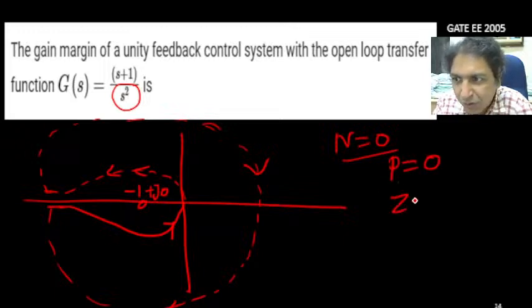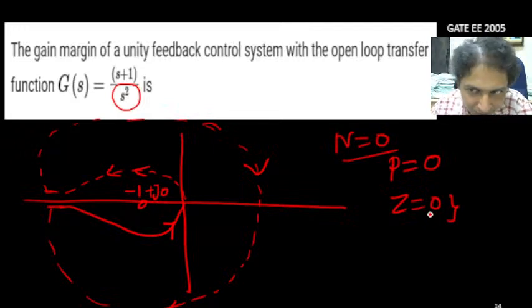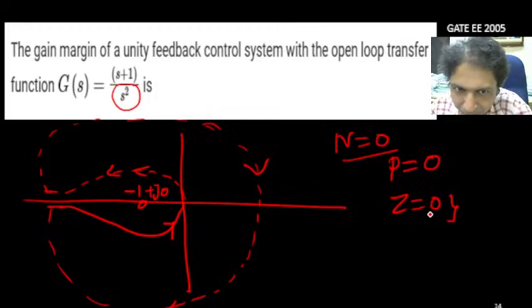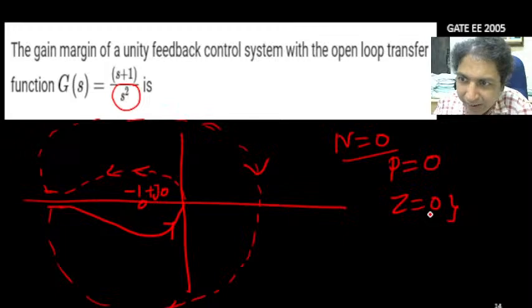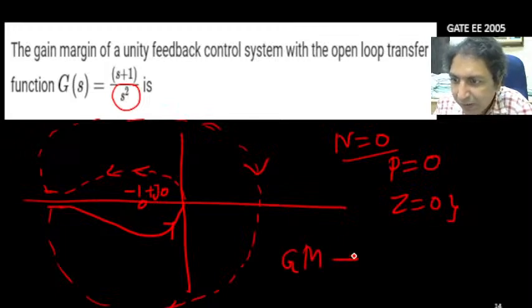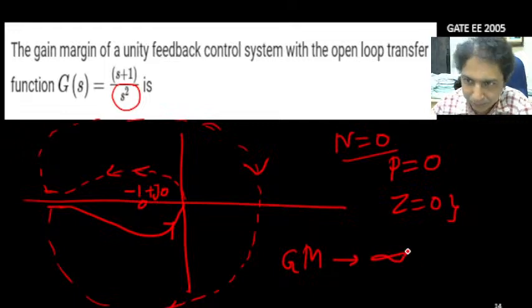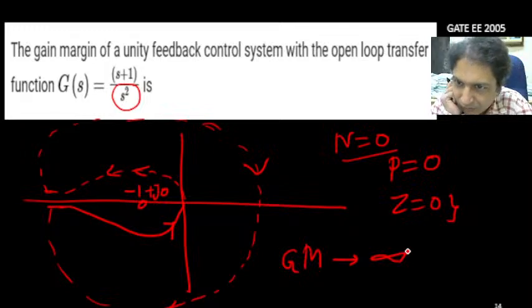So Z equals to 0. As Z equals 0, it is always stable. If the system is always stable for any k, we will say that the margin is infinite. We can provide infinite gain and it will still remain stable. Okay, so the gain margin is infinity, because you are not getting the phase crossover frequency again.